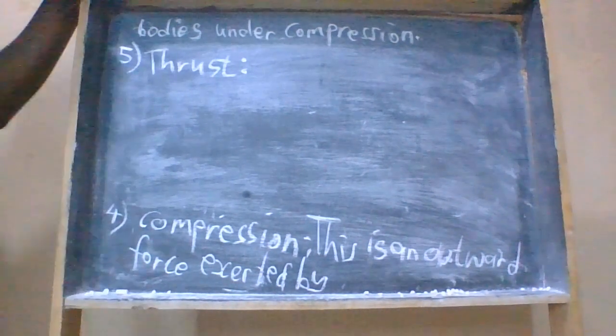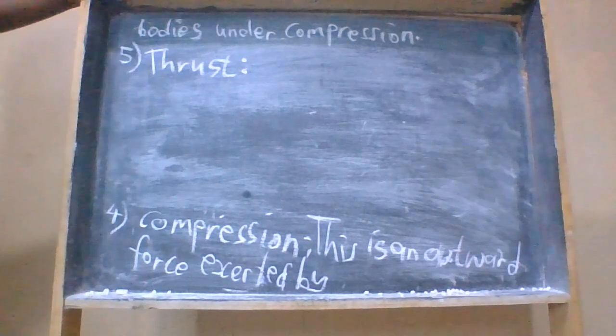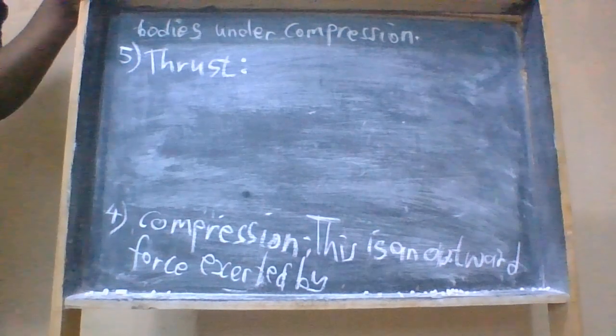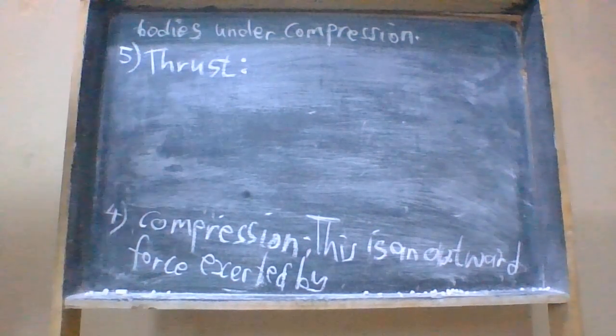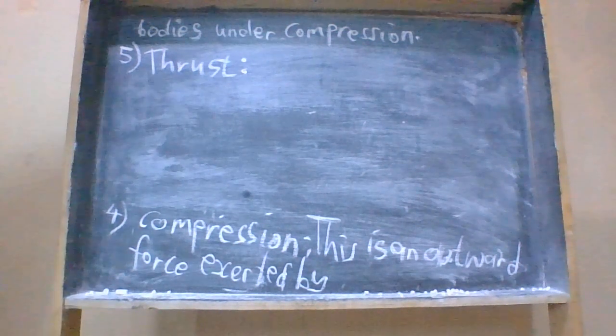This is the type of force exerted by displaced fluids. For example, we have what we call upthrust, which is equal to the weight of the displaced fluid. So thrust is the force exerted by displaced fluids.